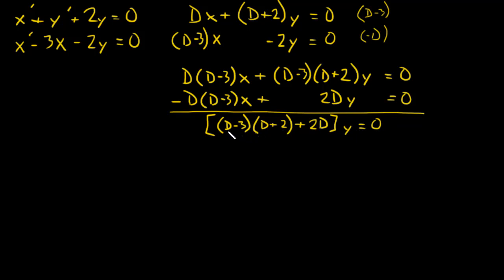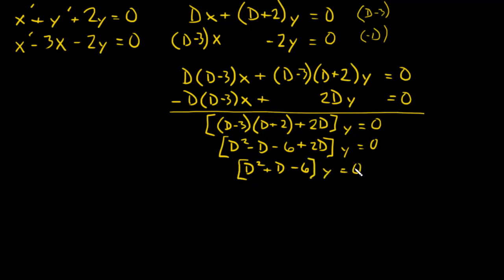Well, let's just multiply it out. This is going to be d squared, and then minus 3d plus 2d is going to be minus d, and then minus 6 plus 2dy equals 0. I can now combine the negative d and the positive 2d and get d squared plus d minus 6 y equals 0.